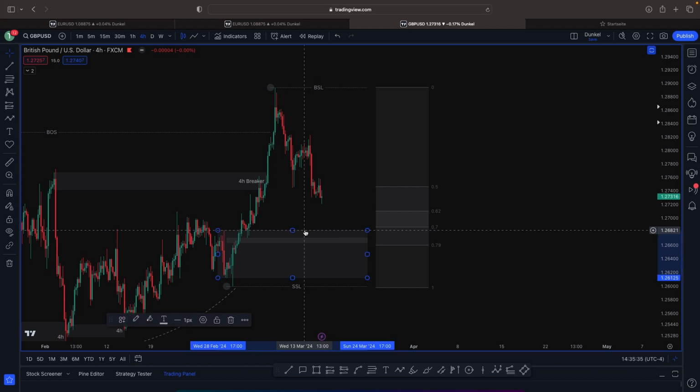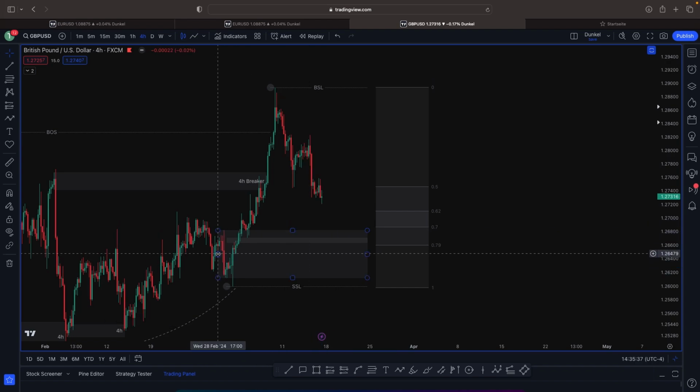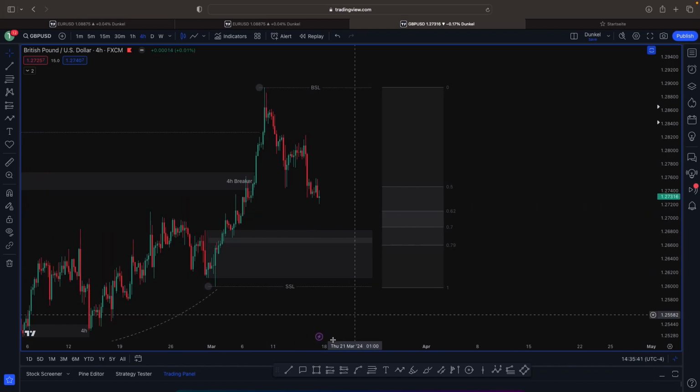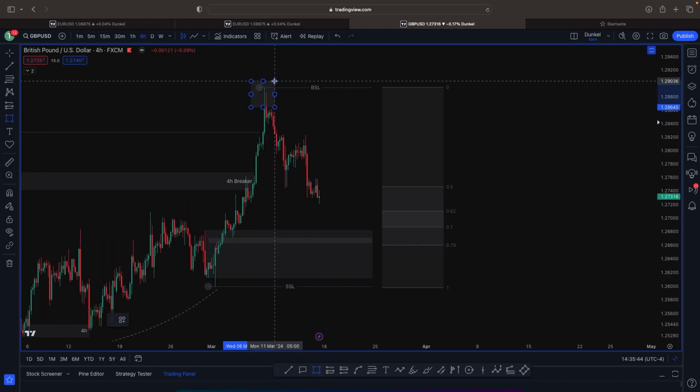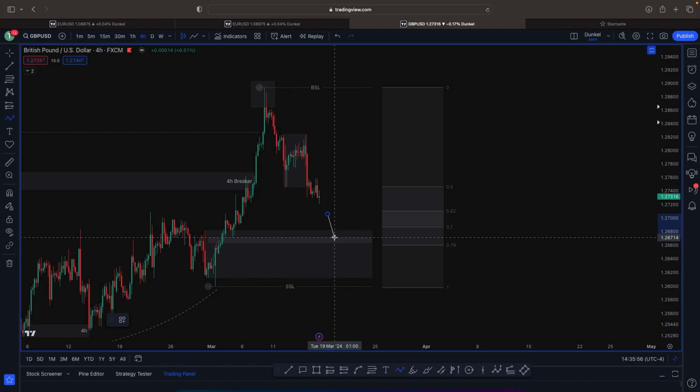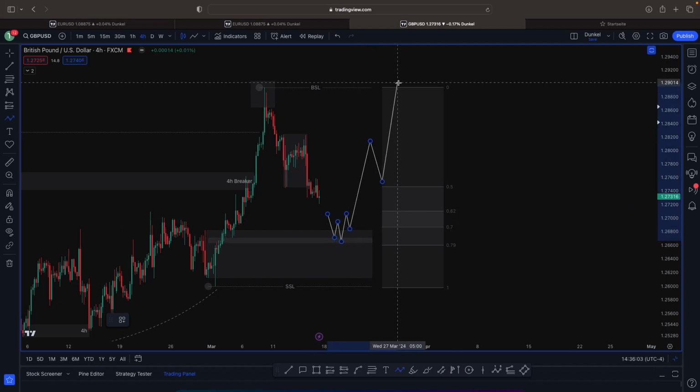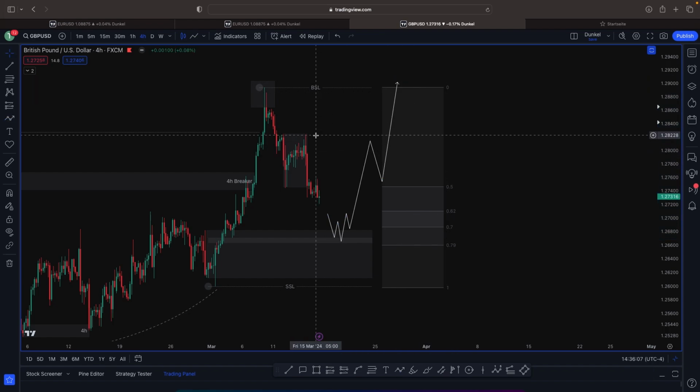I'm looking at this demand zone right here, which could act as our next PD array with an original consolidation, the different stages of distribution with engineered liquidity, then a smart money reversal right here, and then the accumulation, sweeping the engineered liquidity.